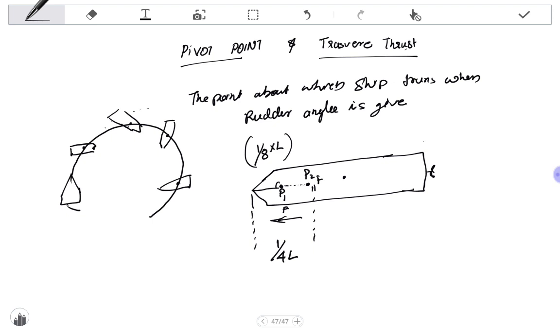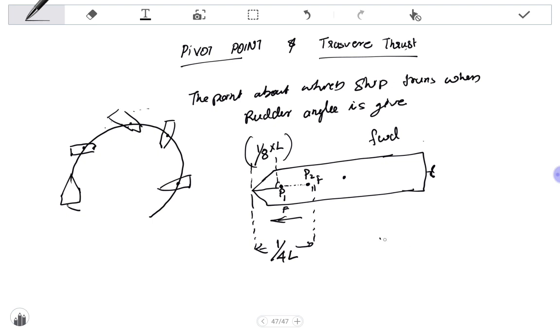So the basic funda is, whenever a ship is moving, the pivot point of the ship will be forward of the midship. If the speed is steady, then the pivot point will settle at a point 1/4 the length of the ship from the forward. At the starting of the forward movement, it will be extreme forward, around 1/8 the length of the ship. So this is the case when the ship is moving in forward direction.